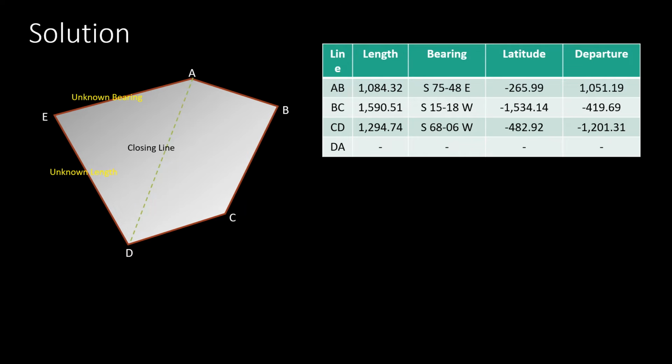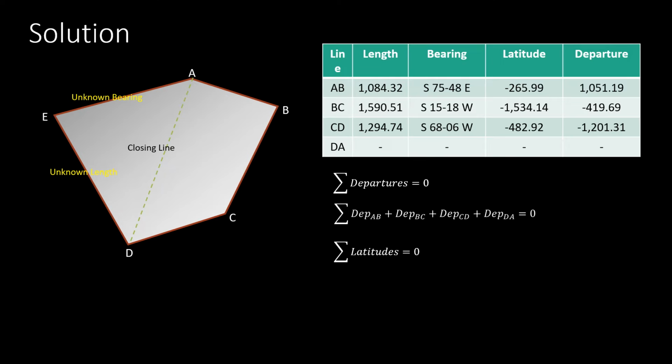Then we shall consider track A, B, C, D. So what we do is we tabulate the latitudes and departures of lines AB, BC, and CD. From this data, we'll be able to calculate the latitude and the departure of the closing line DA. So we get the summation of the departures equal to 0 and the sum of the latitudes equal to 0.